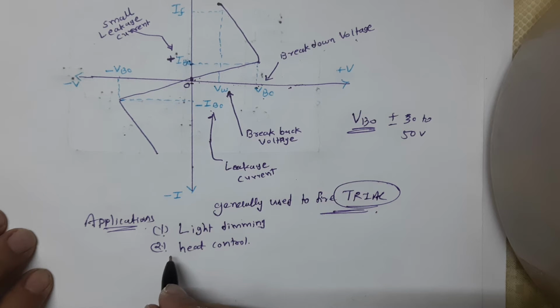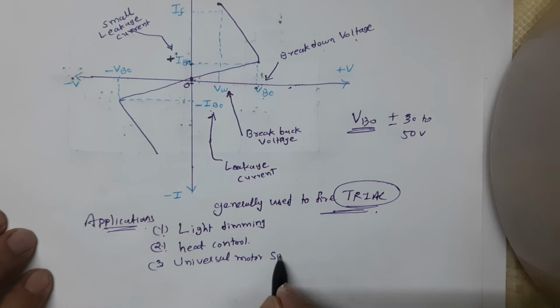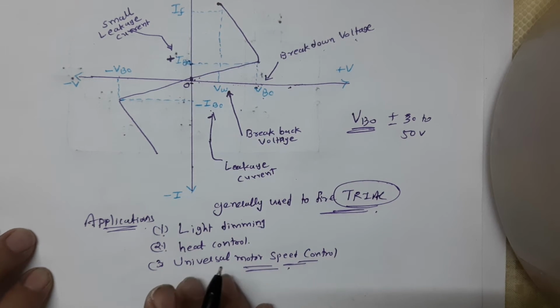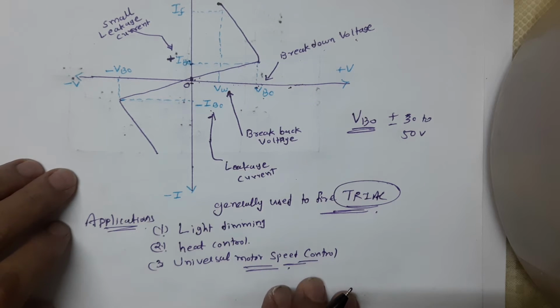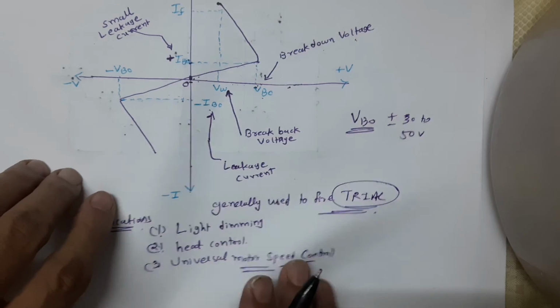Third, universal motor speed control. Generally, it is used in speed control. In detail, we will discuss the applications of the diac.